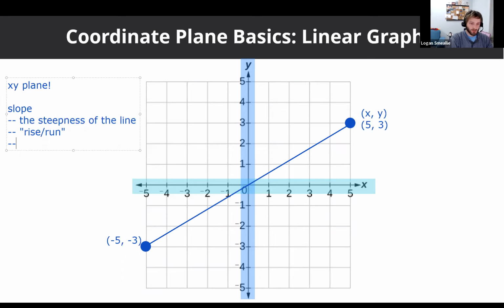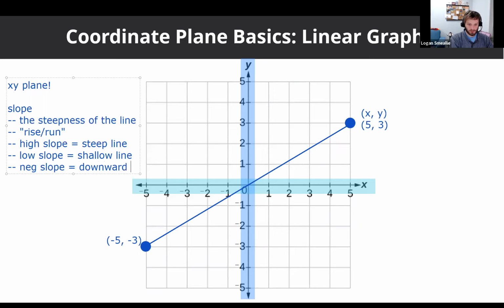And we're going to see that in a minute, but the key thing that you've got to know about slope is high slope equals steep line. Low slope equals shallow line. By shallow, I mean kind of like flat-ish, right? And negative slope, well, that's going to be a downward line.